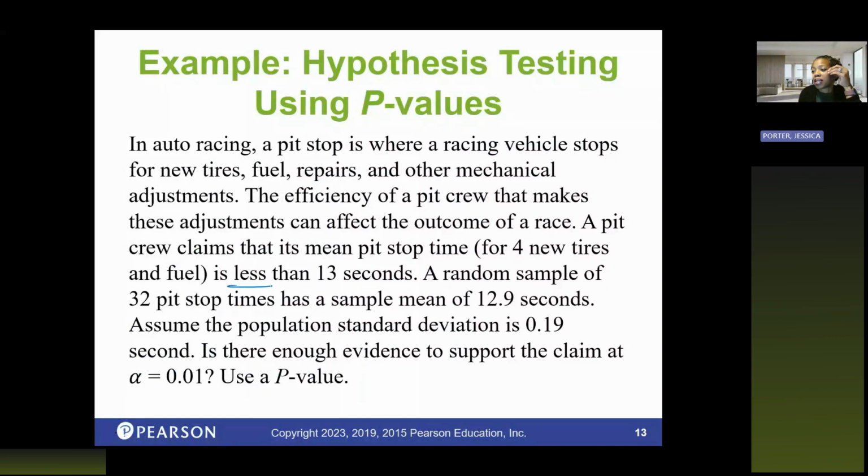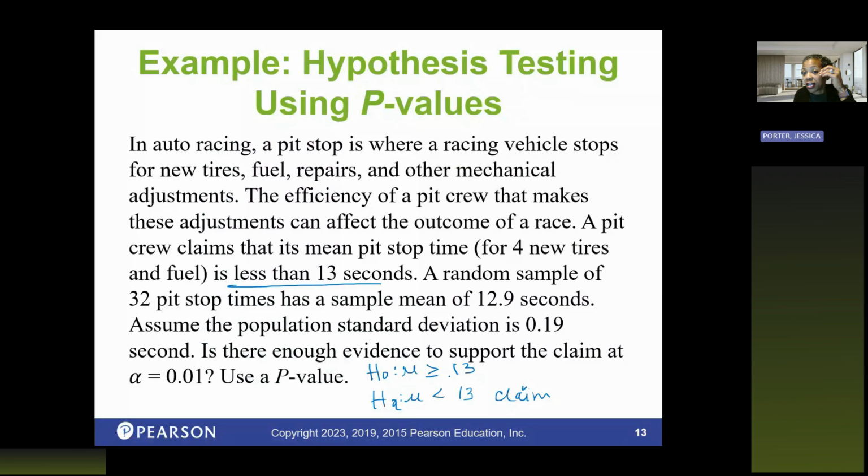Less than 13 seconds. So less than 13 seconds. That means the alternative is our claim. So that means the null hypothesis is going to be the opposite of that, which is greater than or equal to 13.